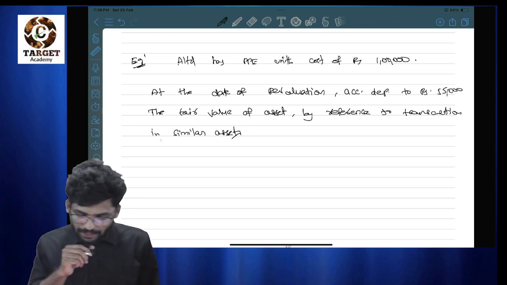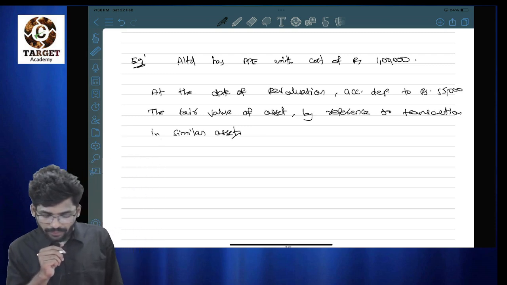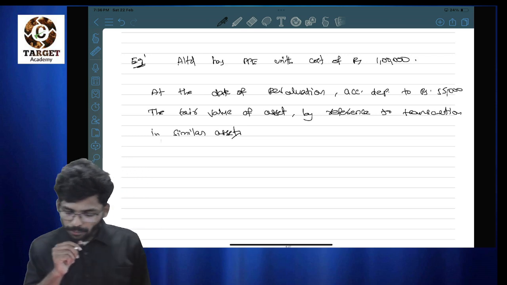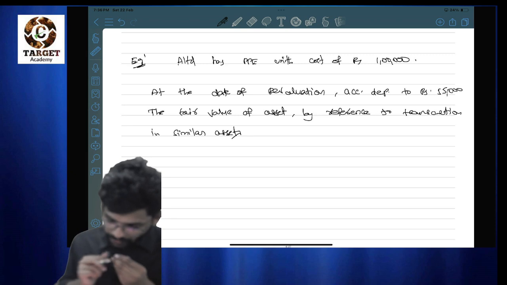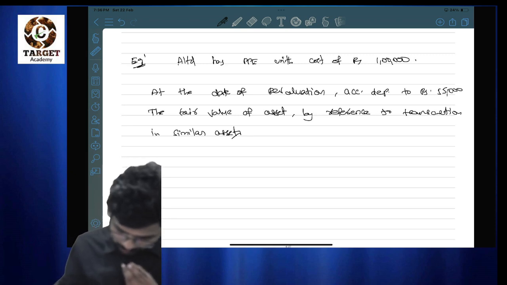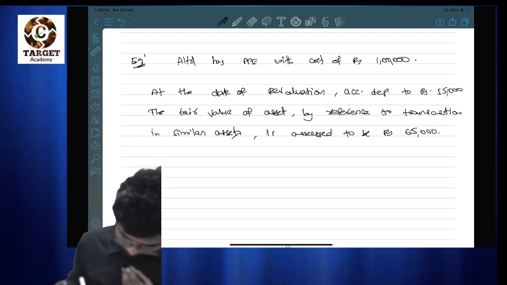Okay. A Limited has PPE with a cost of rupees 1 lakh. At the date of revaluation, accumulated depreciation is 55,000. The fair value of the asset by reference to transactions in similar assets is assessed to be rupees 65,000. Prepare necessary journal entries.